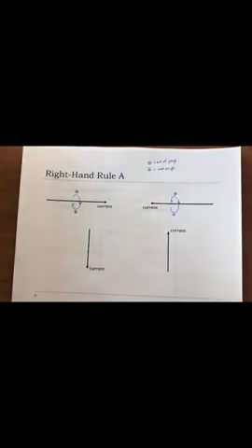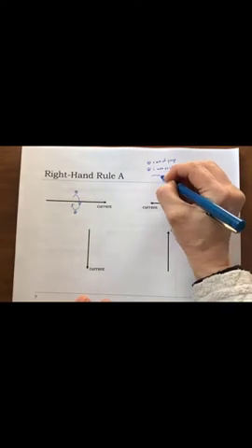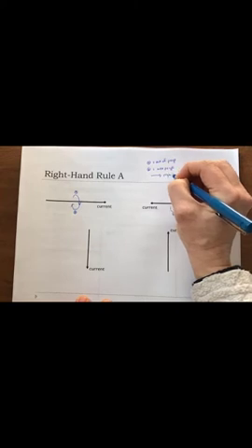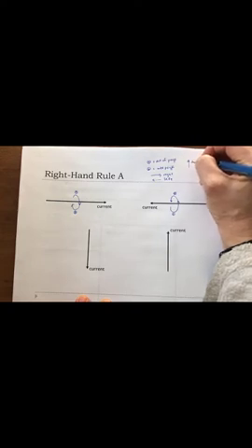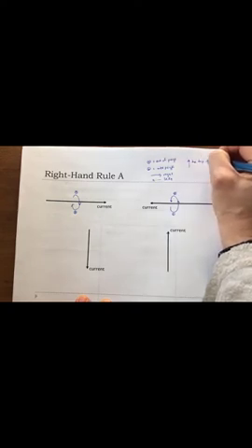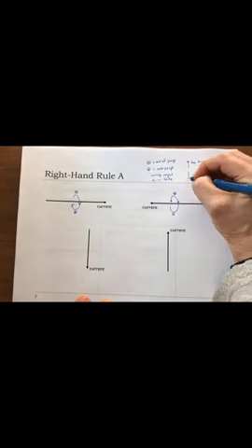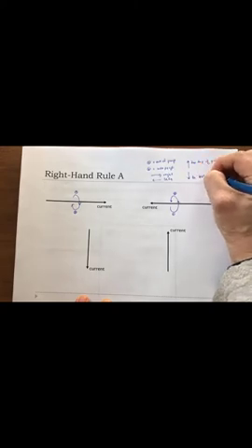And just to get us on the same page regarding directions, this is to the right, this would be to the left, this one is to the top of the page, and this one would be to the bottom of the page.